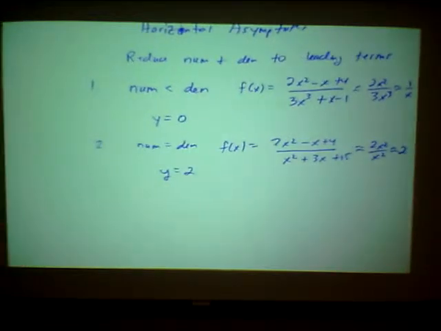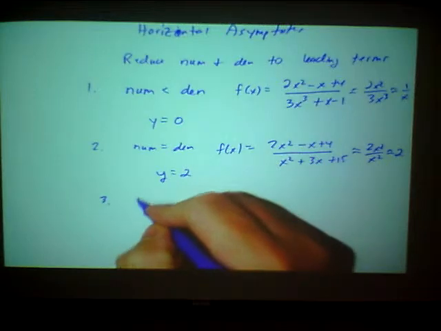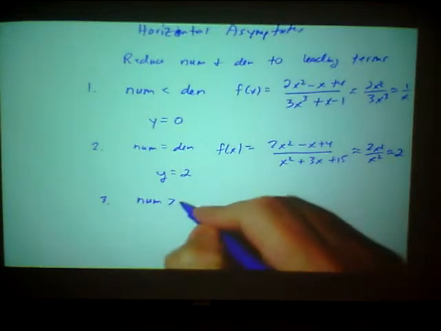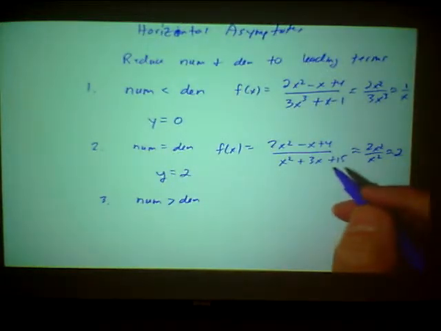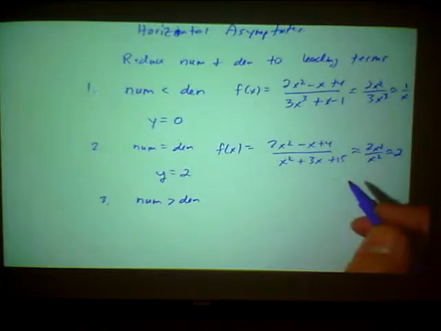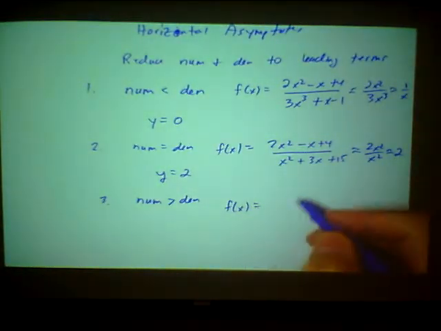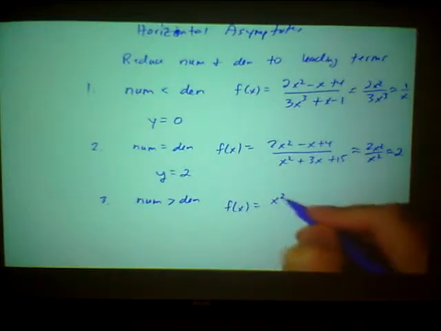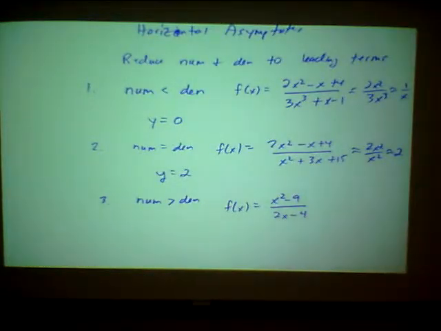And then the final case was where the numerator ended up being larger than the denominator. Here's the example I want to look at. How about this one? f of x equals x squared minus 9 over 2x minus 4.